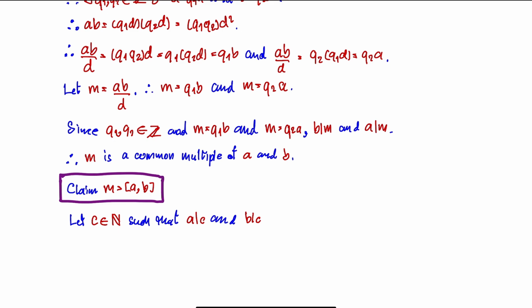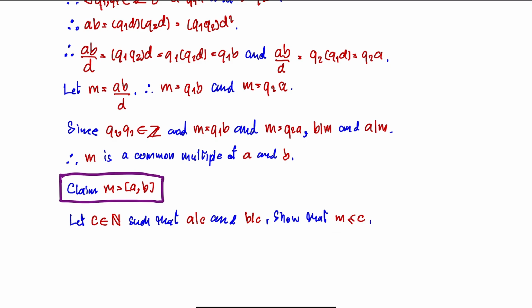Meaning, I let c be a common multiple and try to show that m is less than or equal to c, because I want to show that m is the least common multiple.